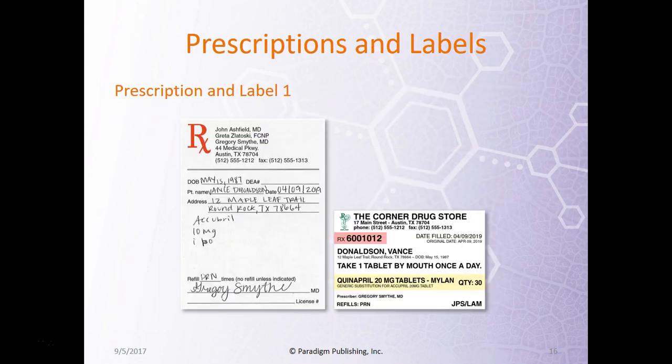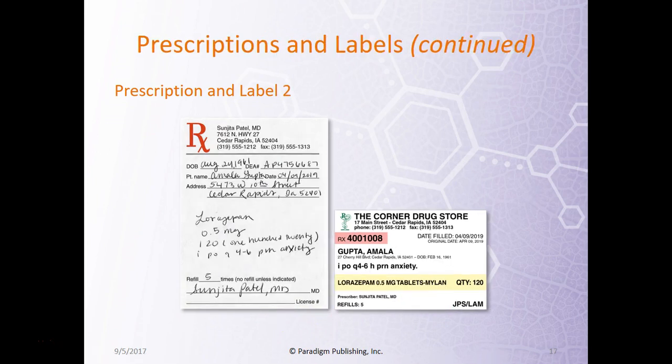So the first prescription here is for Vance Donaldson. So we have the prescription on one side and the label on the other. So you're going to go through that 9-point check. The second prescription is for Amala Gupta.